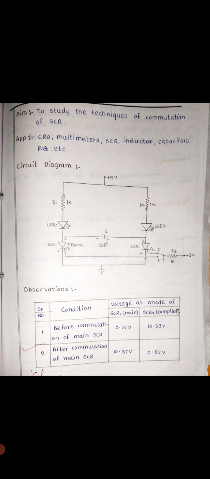The SCR will turn on and the bulb connected to its anode lights up. Then apply the trigger pulse to the complementary SCR. The complementary SCR turns on, forcing the main SCR to turn off. Measure the anode voltage before and after commutation.